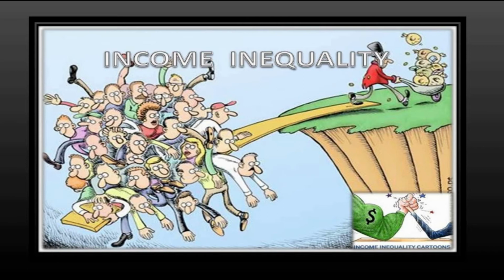In this picture, we can see that the poor people are carrying the burden of the rich people, and the rich are ready to make more money without ever thinking of the poor. And that depicts income inequality.